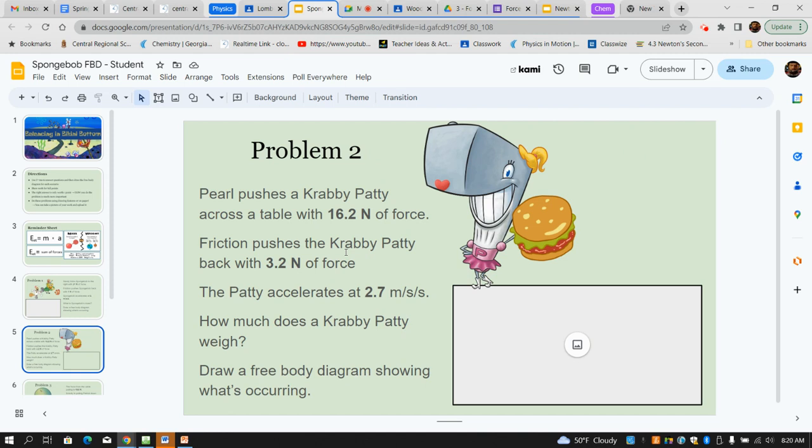So I would draw a right arrow, applied force, F app, of 16.2 newtons to the right, and then friction, F sub f, of 3.2 newtons in the opposite direction, and an acceleration of 2.7 meters per second squared. How much does the Krabby Patty weigh? Aha. Okay, so guys, when it asks for the weight, what do we do?